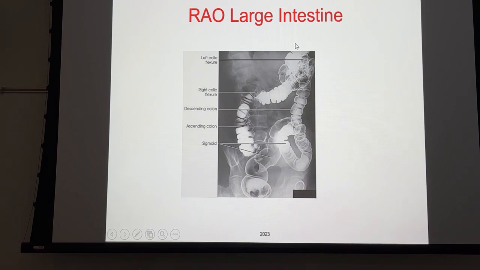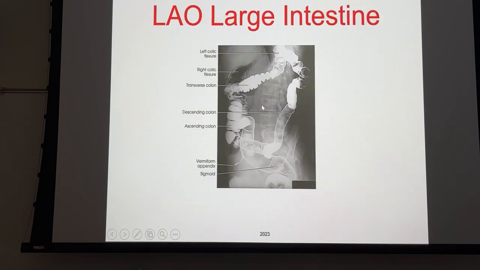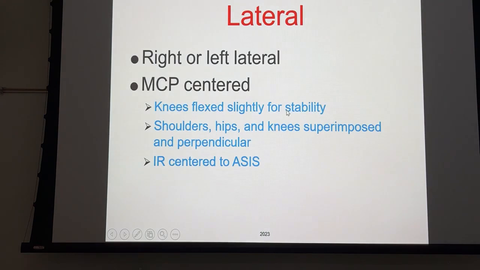No. Answer is no. This is primarily what we're looking for right here. So LAO, is this a problem that we didn't get the top of that? Yeah, you should have gotten that, right? It's kind of interesting. We see the appendix down here. Filling of the appendix is not uncommon on BEs.